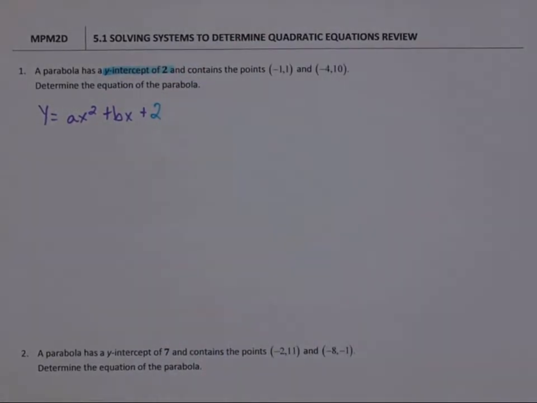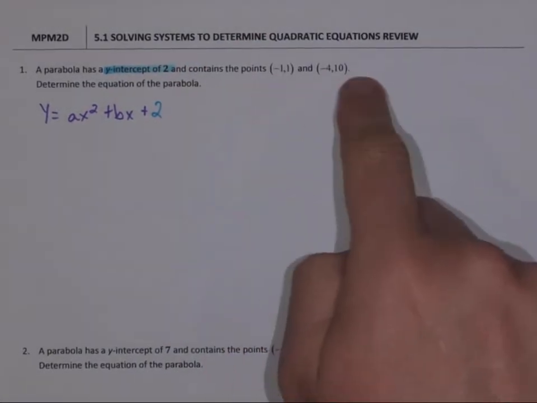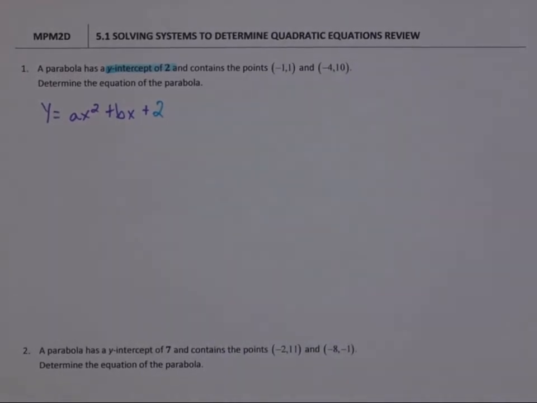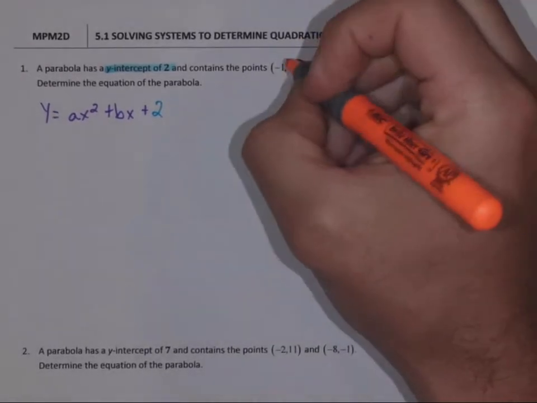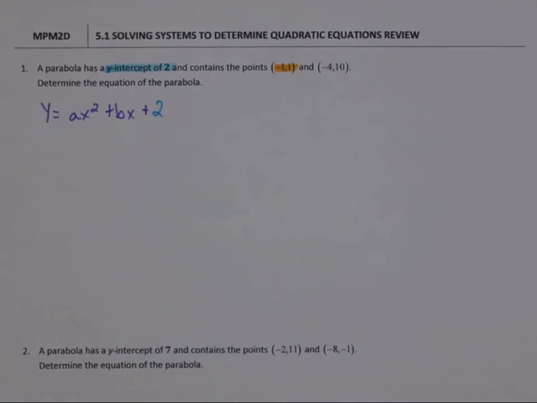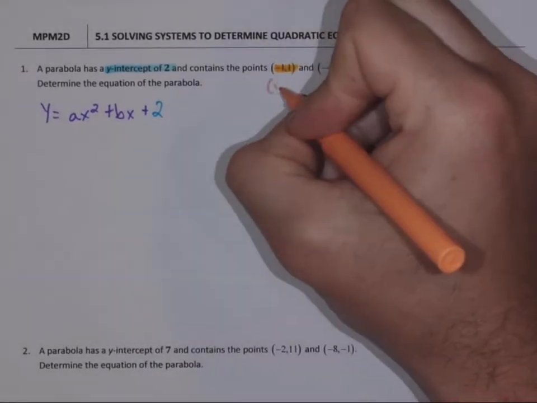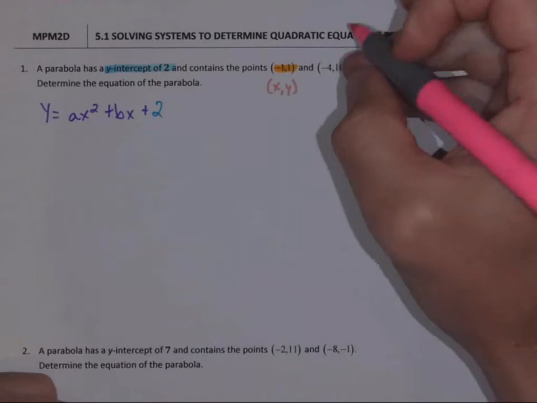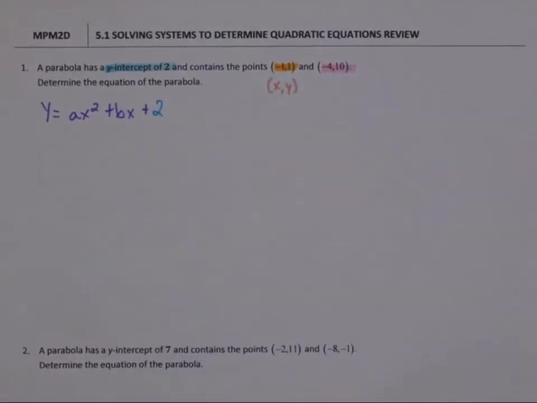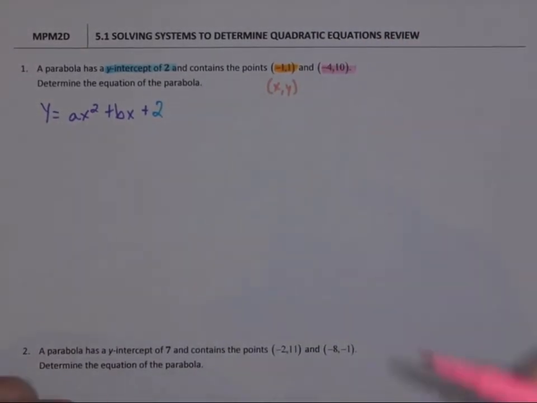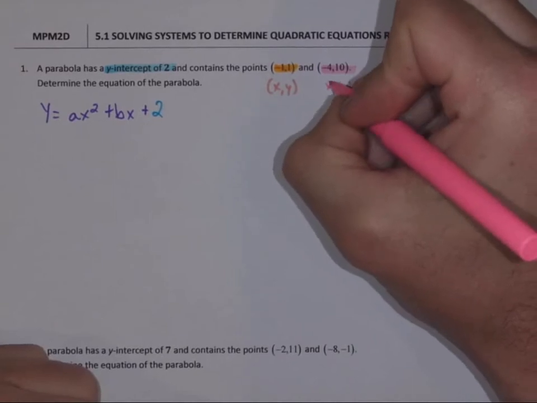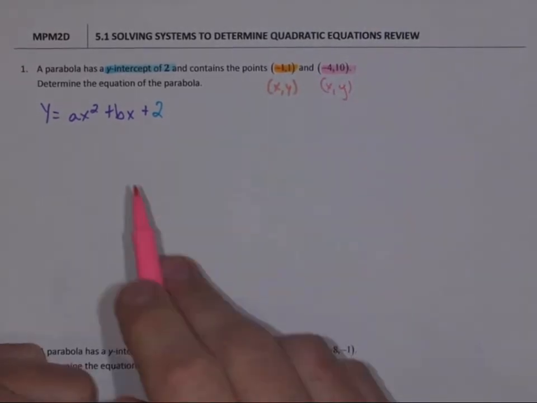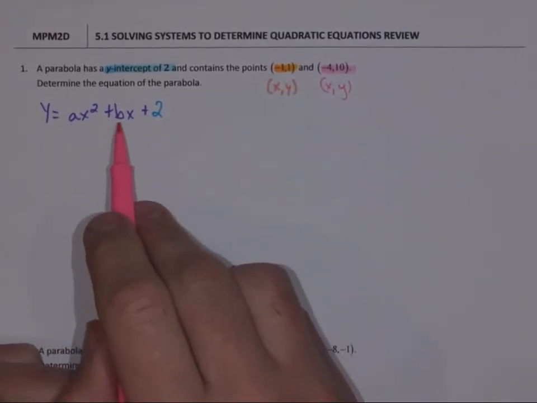Now the next thing that we can look at is we are given 2 different points. Remembering that those points really are an x, y value. And that the other point, to satisfy the same quadratic equation, is another set of x and y that will also be true once we know what a and b are.